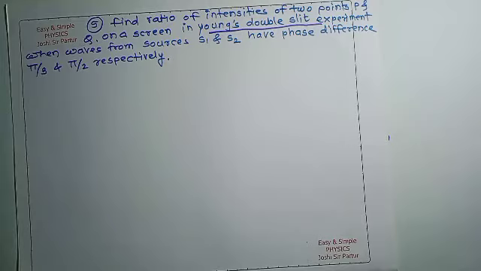When waves from source S1 and S2 having the phase difference pi upon 3 and pi upon 2 respectively, we can find out their ratio of two intensities.